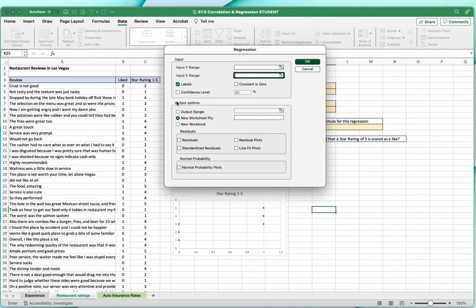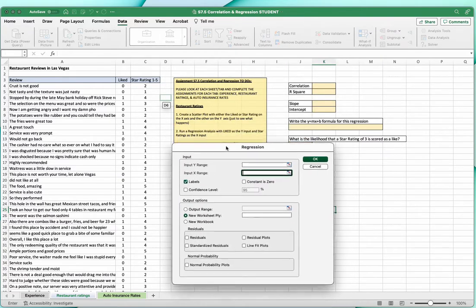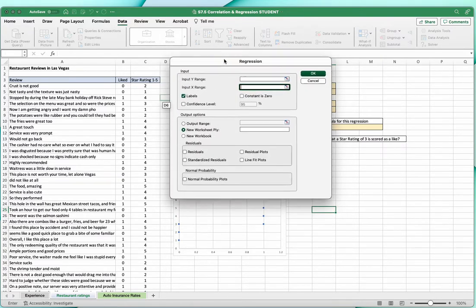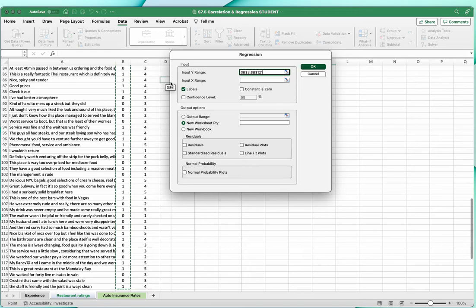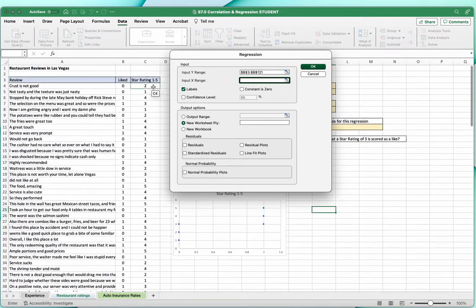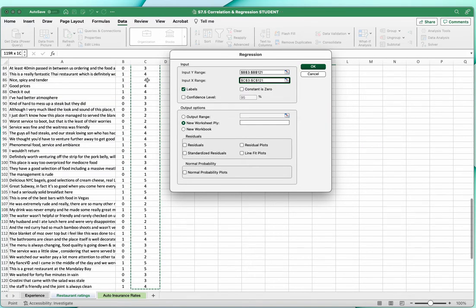Keep Labels checked so it labels the regression output. The Y range is liked, using shift control down. The X range is the star rating, also shift control down. Keep labels and click OK.